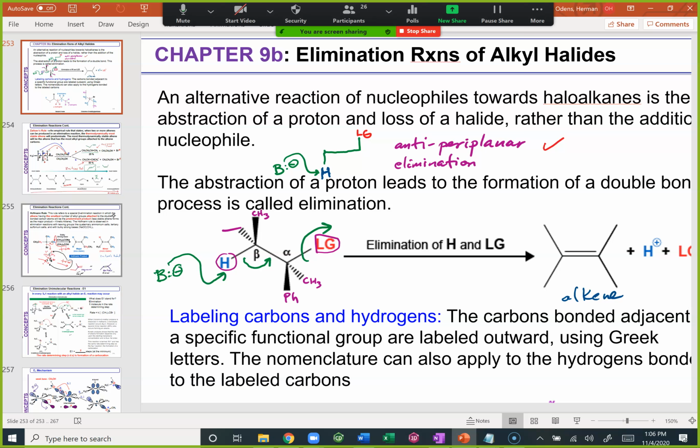The plane is this bond here that connects the two carbons, and that's called periplanar. The H and the leaving group are in the plane like that, and it's anti because the H that is taken is on the opposite side of the leaving group, so it's anti-periplanar. All right, so that's what it's called.